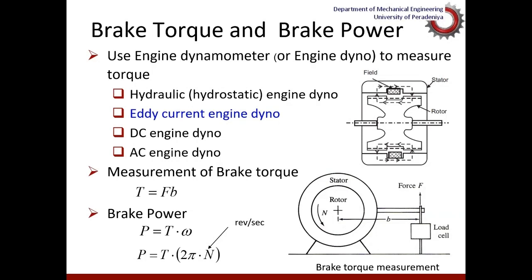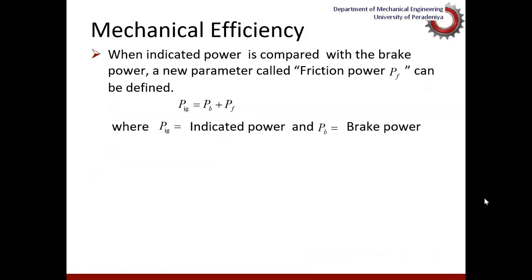The indicated power is something that happens inside the cylinder thermodynamically. When it comes to transmitting that power to the crankshaft, there are a lot of frictional elements. So the relationship between the indicated power and the brake power is that when you add the frictional effects to the brake power, you get the indicated power.